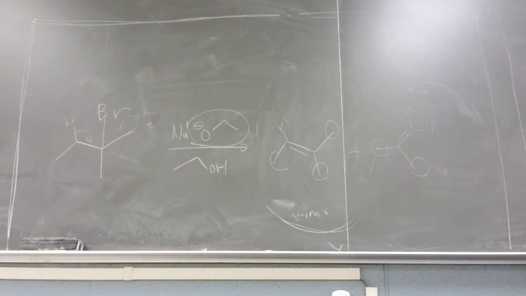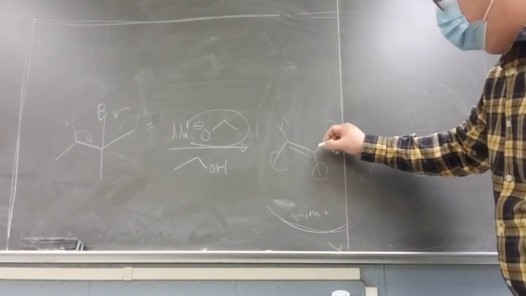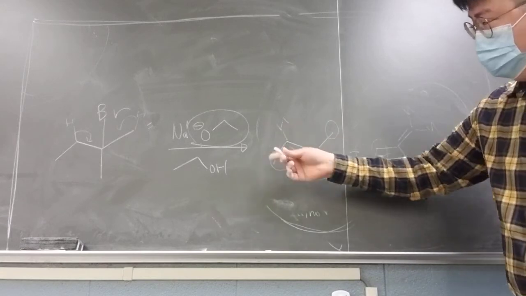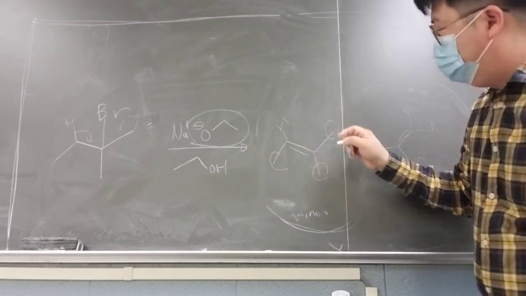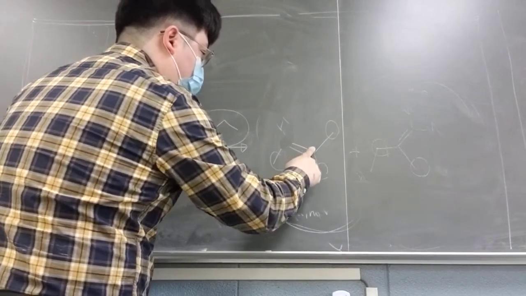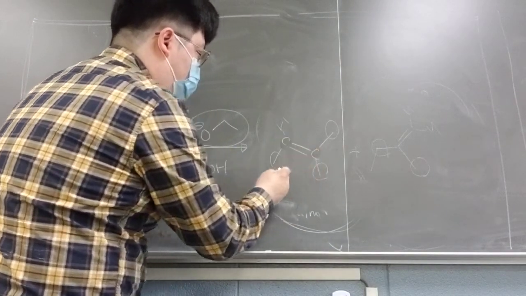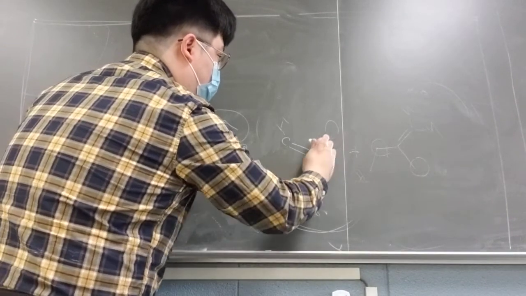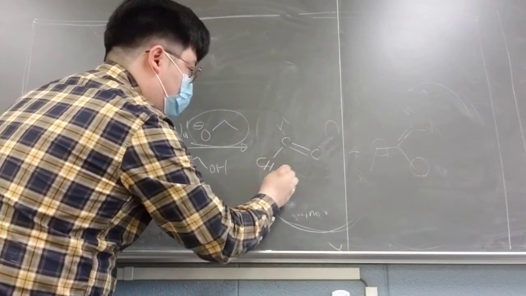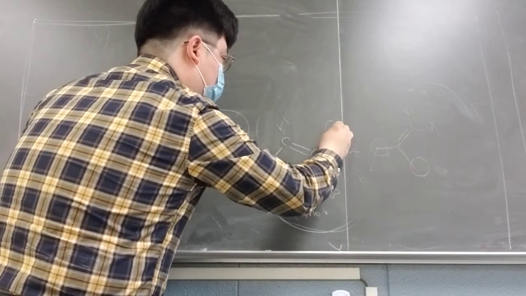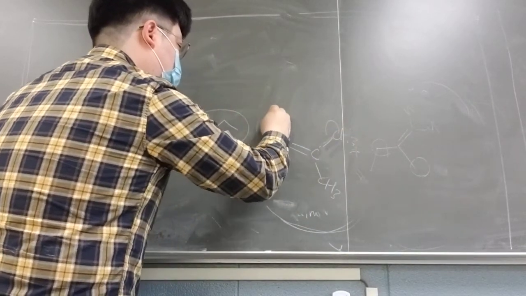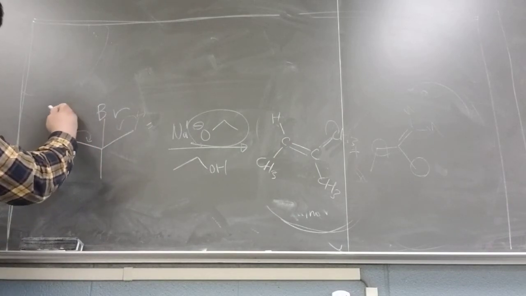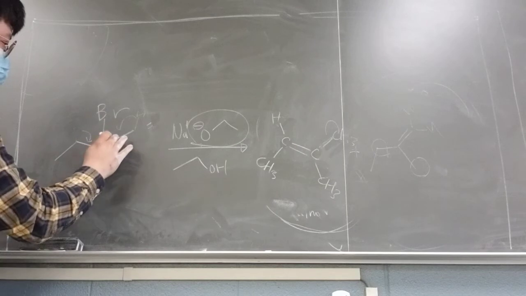Which one's major and minor? If you look at the two possible products, it depends on which hydrogen was taken by the nucleophile. You have two carbons in the double bond, and you just need to count.